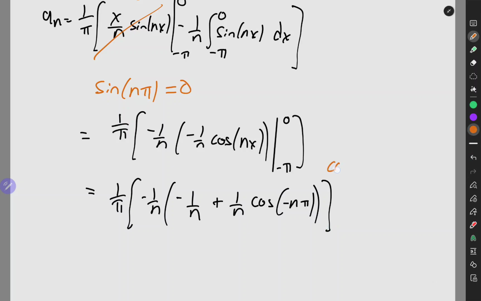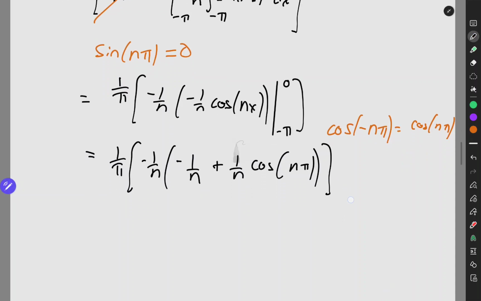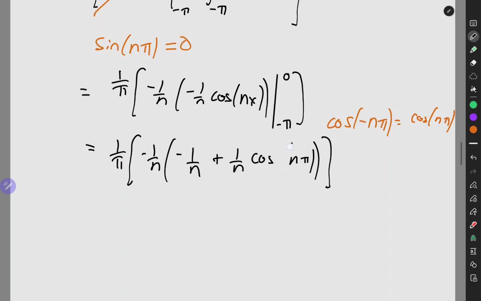I'm going to remind you that because cosine is even, cosine of negative anything is equal to cosine of that. So you can just get rid of that negative in there, and then we're left with this.